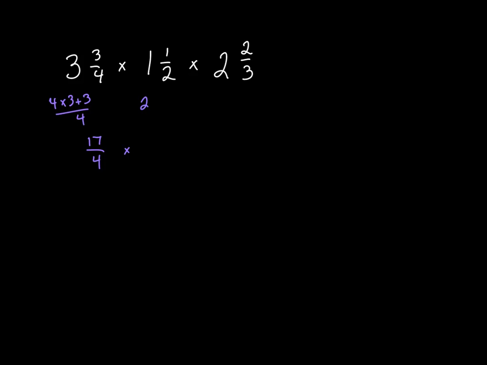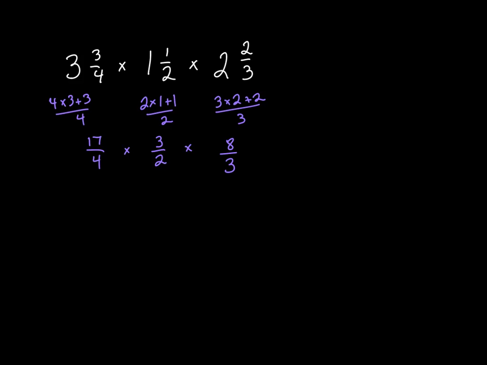Then 2 times 1 plus 1 over 2, and that would be 3 over 2. And then 3 times 2 plus 2 over 3, and that would be 8 over 3.